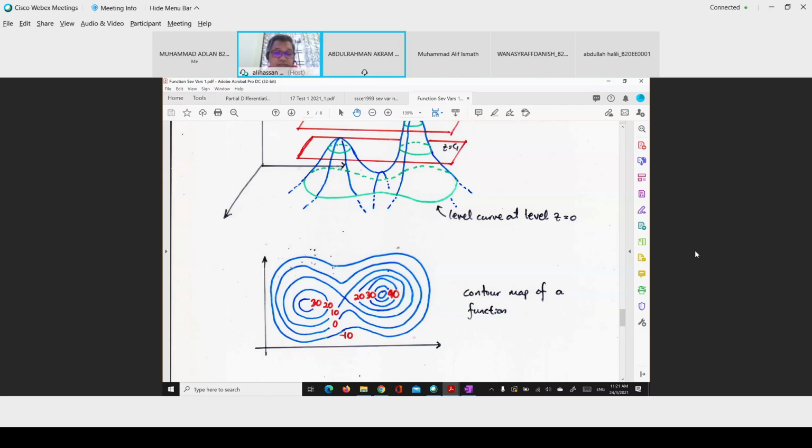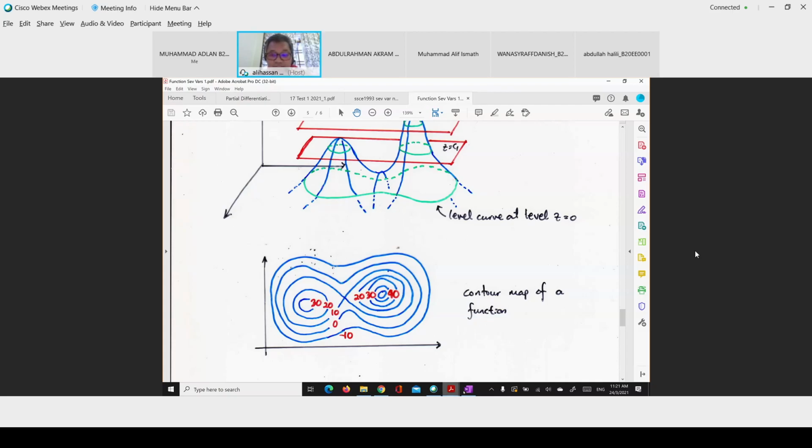Suppose you are living in a two-dimensional world. It's difficult to imagine a three-dimensional object, but we could sketch the level curves here. If this mountain moves downward and intersects this two-dimensional world, the intersection looks like level curves here.